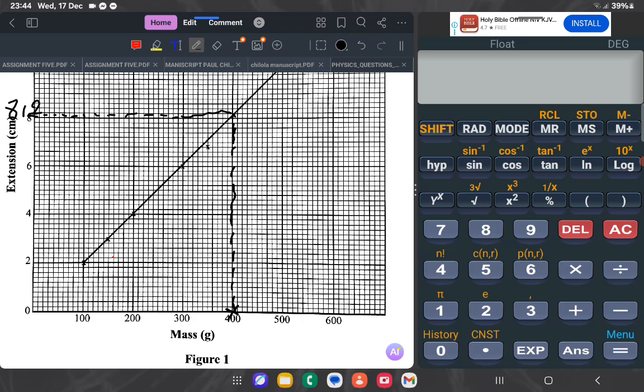So take note, 400 grams produces an extension of 8.2. Convince yourselves that this point indeed corresponds to 8.2, because once you get there and you go across horizontally, the corresponding value there is 8.2.